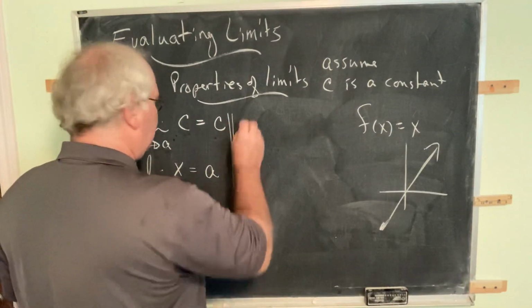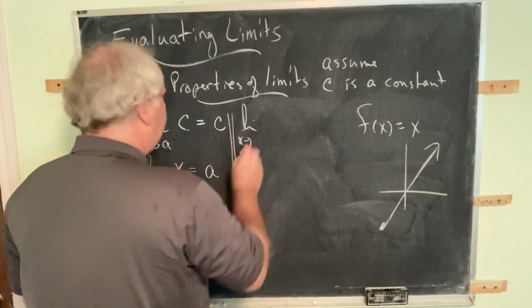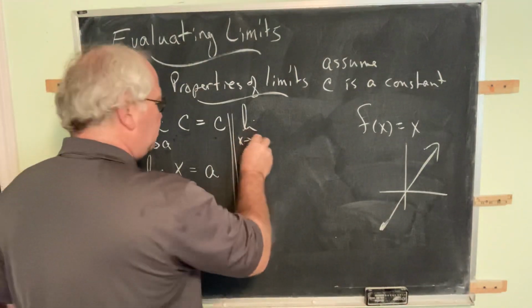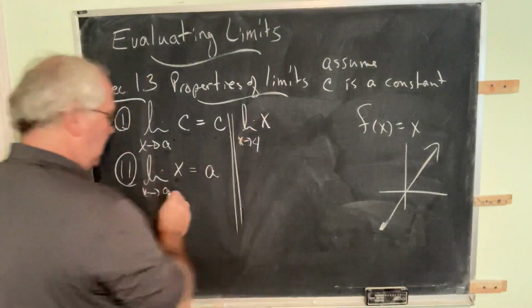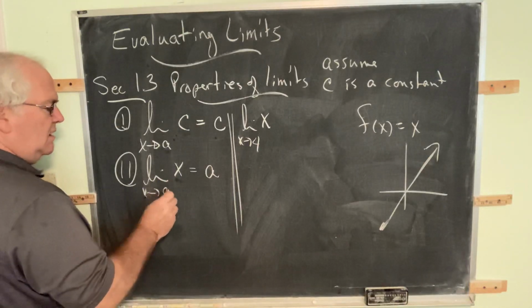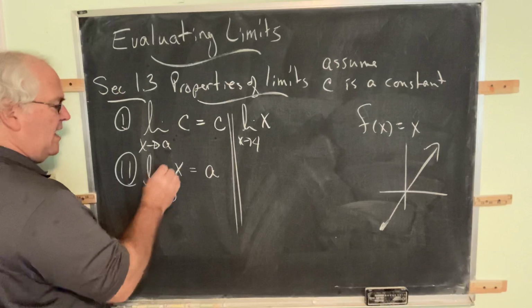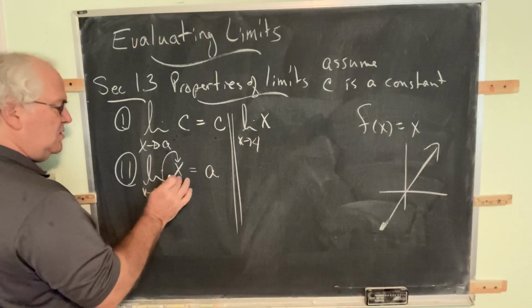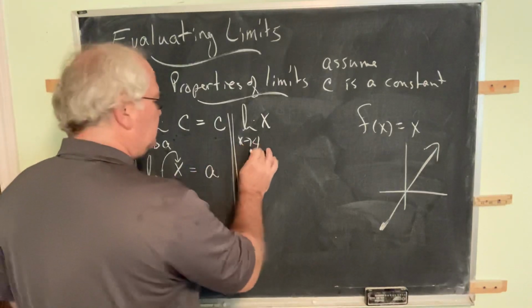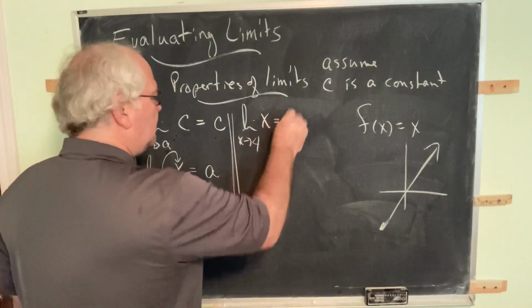So let's do a specific case of that. The limit as x approaches a is free to be anything you like it to be. Limit as x approaches 4 of the function x. And what is the rule? Essentially, all you do is you take this value, substitute it for x, and evaluate. Limit as x approaches 4 of x is equal to 4.